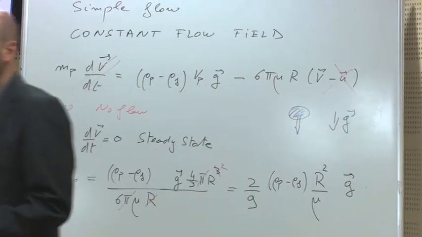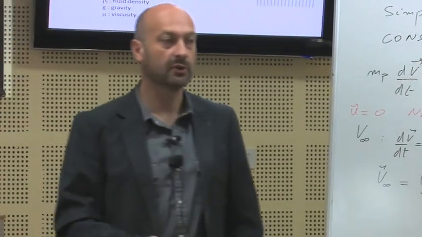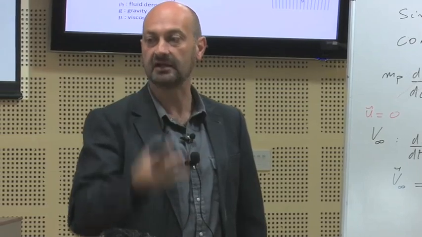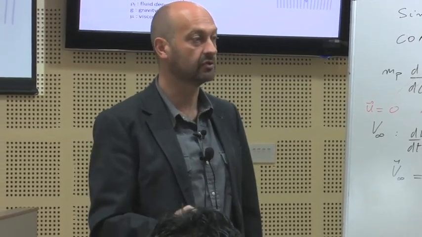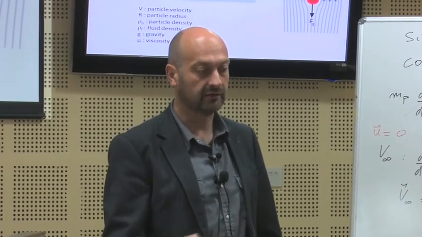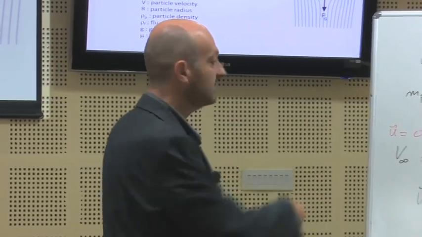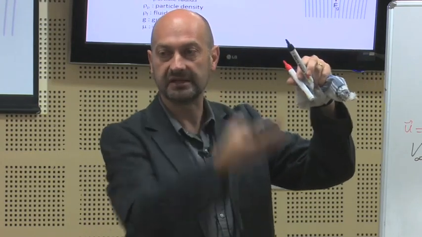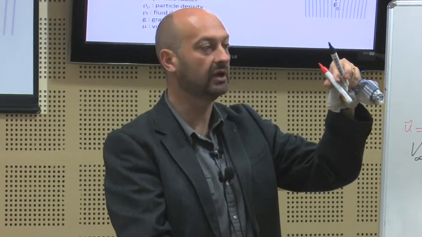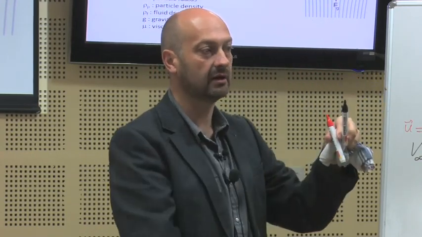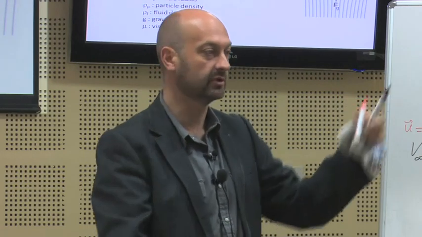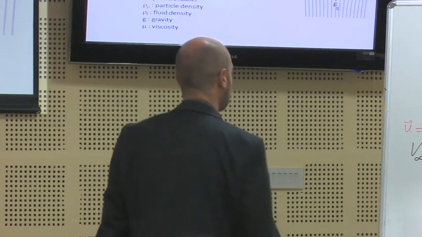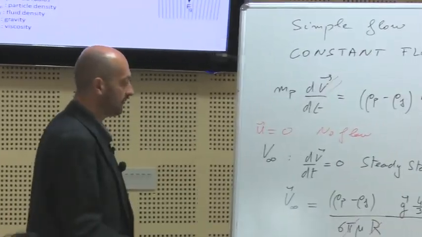So this equation is of course very important, because based on this equation you can design settling separators. You need to evaluate, if you have particles of certain density in a fluid of certain density, what the settling velocity would be and how long it will take for a particle to settle, let's say 1 meter. There are many important applications in a gravity settler.